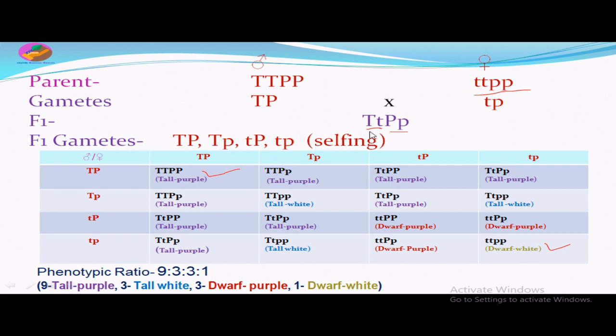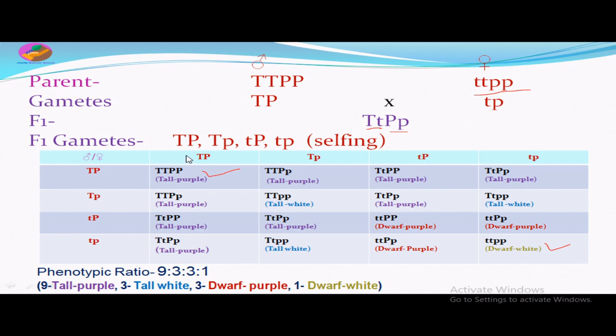So here you can see this is a heterozygous offspring, and unlike its parents, it is heterozygous and contains alleles of both the parents. If such F1 hybrids are crossed or self pollinated with each other, what will happen?